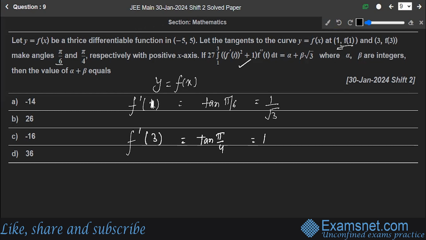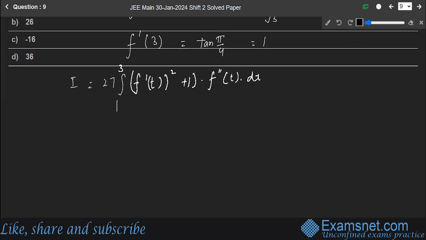Now let's pick up this integral. You have 27 with limits 1 to 3, f dash t square plus 1 into f double dash t dt. Now let's put f dash t is equal to u.